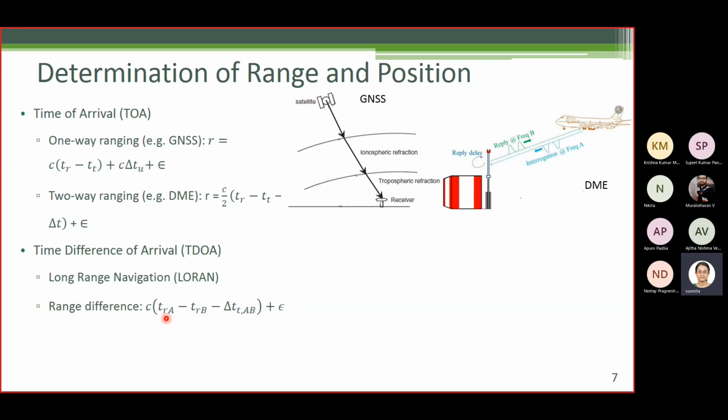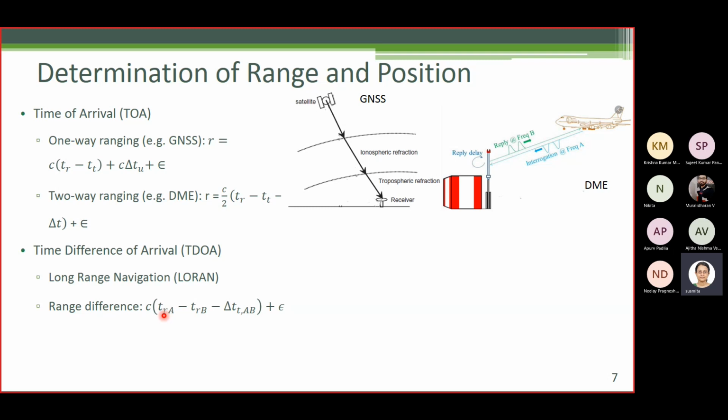Let's denote A as the master transmitter, and B, C, D as secondary transmitters. So TRA here is the reception time of the signal from the master. This is determined by the receiver on board the user vehicle.